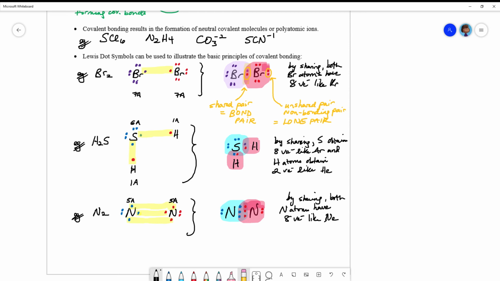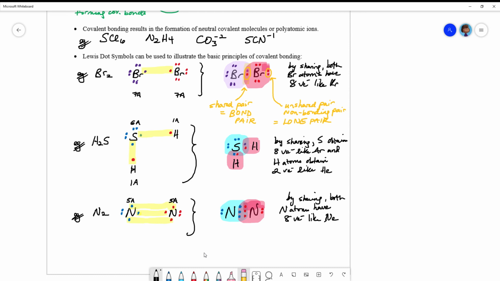All right, trying to share electrons in order to get either an octet, for example, bromine, sulfur, nitrogen, or a duet like the hydrogens in H2S. Not so bad at all. Now, Lewis dot symbols are used to illustrate these basic principles. But moving on in this chapter, we're not going to be using Lewis dot symbols to illustrate covalent molecules or polyatomic ions.